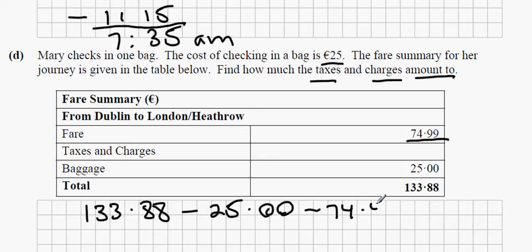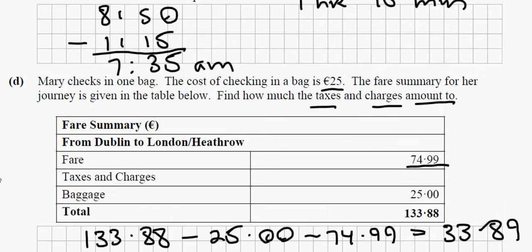And then we can check on the taxes this way. So let's put this into the calculator and see what we get. We're going to get €33.89. Okay, and that's the end of that question. So we're on the next one.